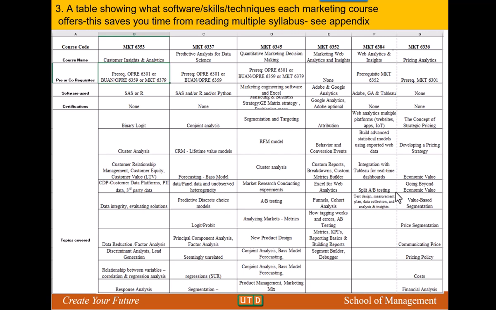This is just a screenshot of the first or the second page that shows you the course name, prerequisites, is there any software that's used, are there any certifications in that course, and then what are some of the different topics that we cover in that course.